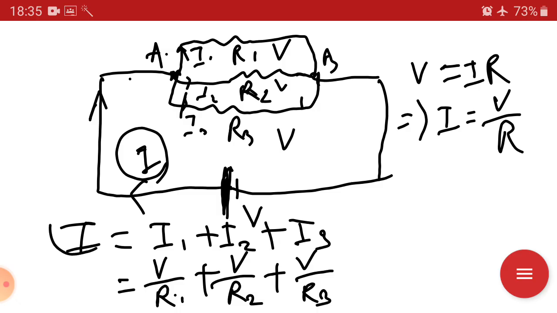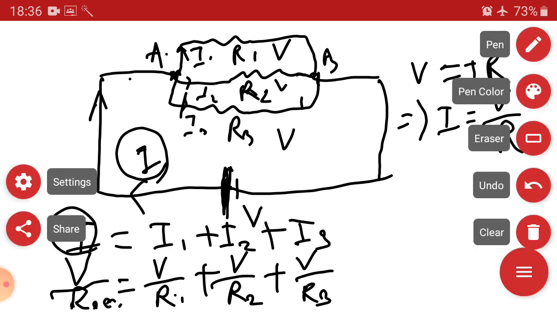On the left side, I is the total current. So what will I be in terms of V and resistance? I will be the total voltage V, the source voltage, divided by the total resistance offered by the circuit, that is R equivalent or R total.